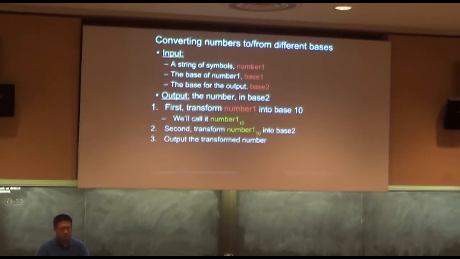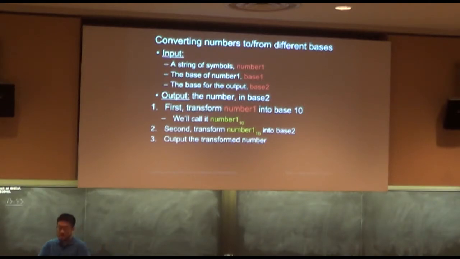So the way that we're going to perform that conversion is the standard way, but we're going to break it down into the way that we would write a piece of software to do that. So remember, from our first lecture, we had a picture of a program that had inputs and it had outputs, right? So anytime we design a program, we need to design that program in terms of inputs and outputs. So the inputs, in this case, is the string of symbols. And we have to call it a string of symbols because it could be a hexadecimal number, right? The hexadecimal number has letters in it, so it's not really a number anymore, it's a string of symbols.